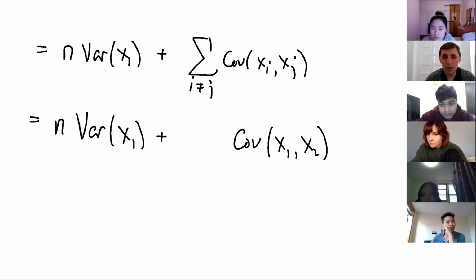N minus 1 factorial, and choose 2. Well, okay, none of the answers are exactly right, but one answer is close to being right.